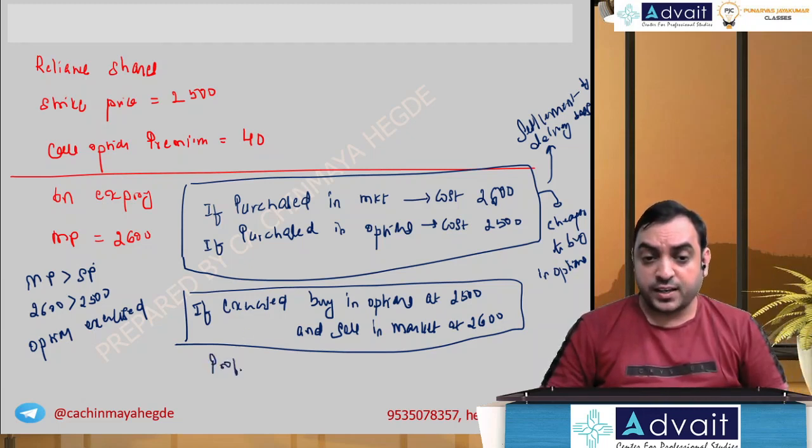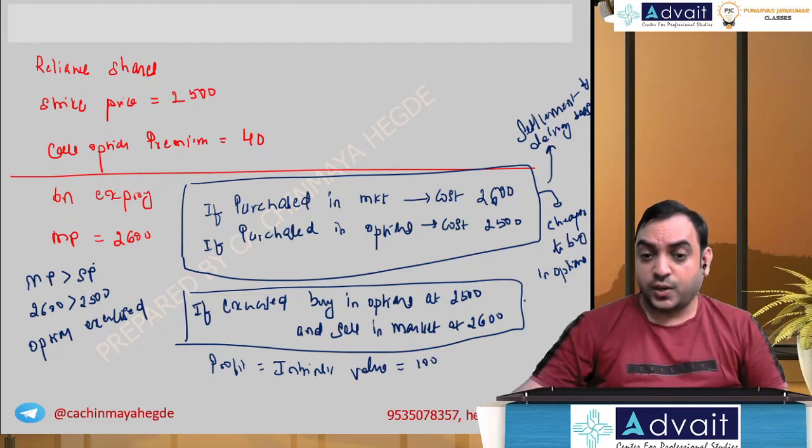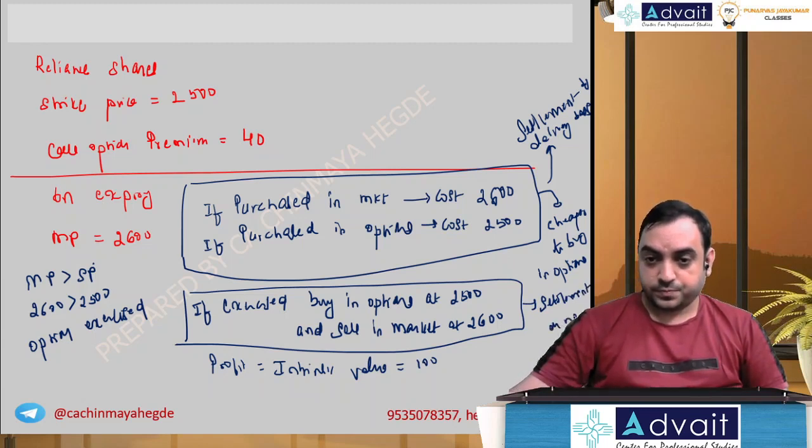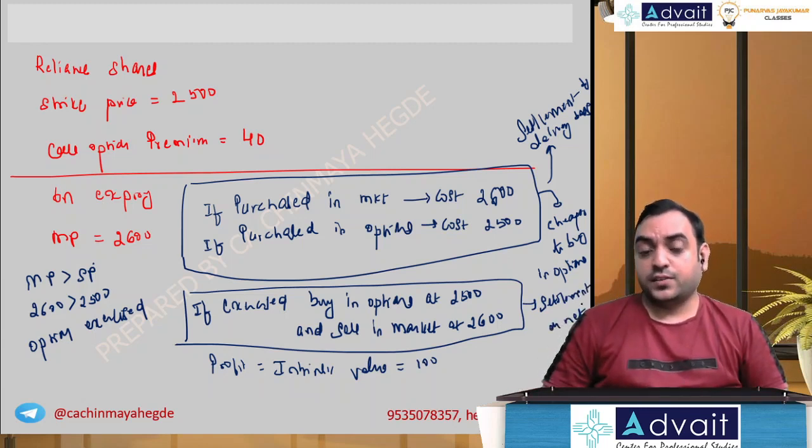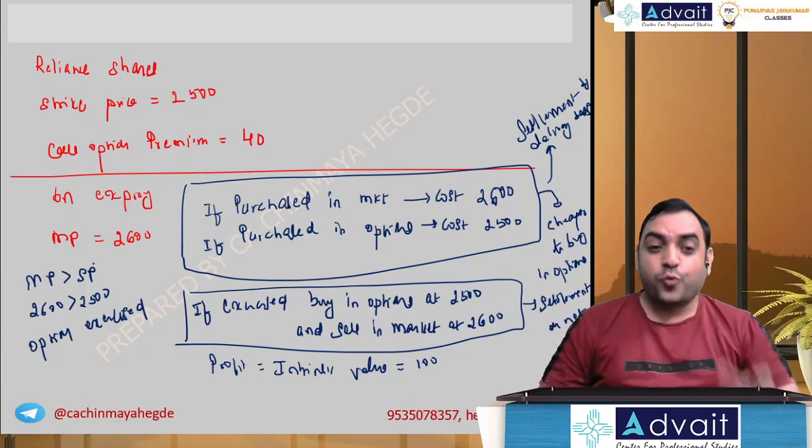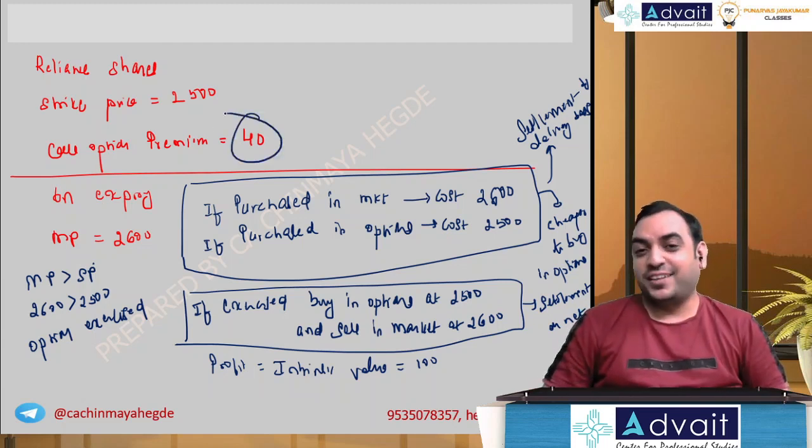That profit is called intrinsic value. That is 100 rupees. That is called settlement on net basis. Now, first of all, why did you pay this premium of 40 rupees? To get this benefit only, right?